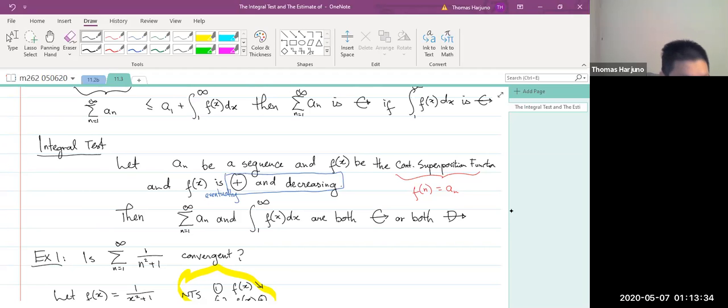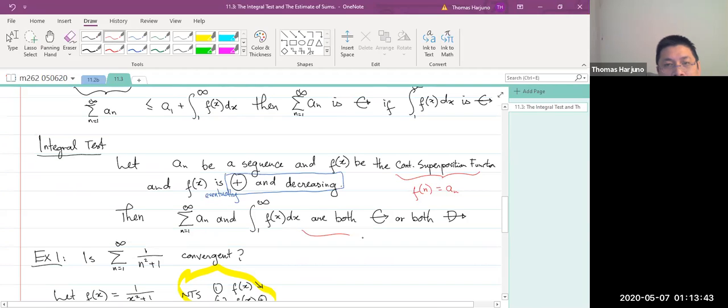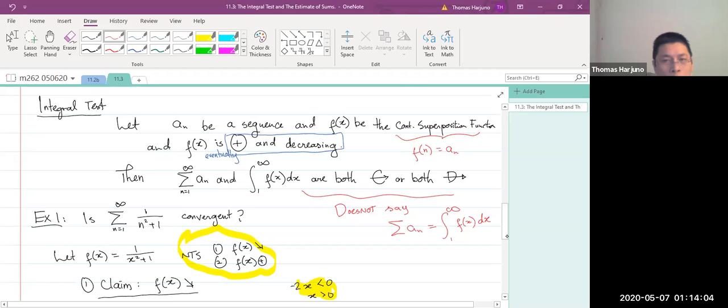It doesn't say that the integral equals the series, no. This test does not say the series is equal to the integral. No, that's not what this test says. All this test says is they are both convergent or both divergent.